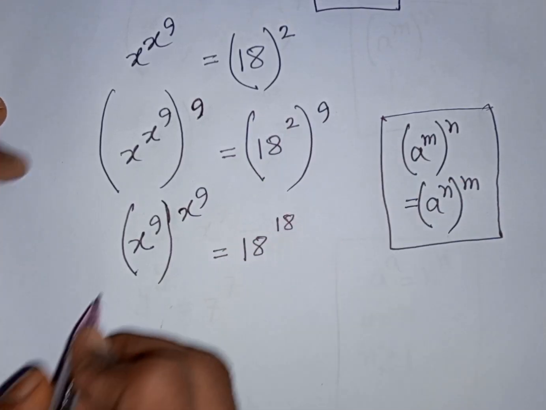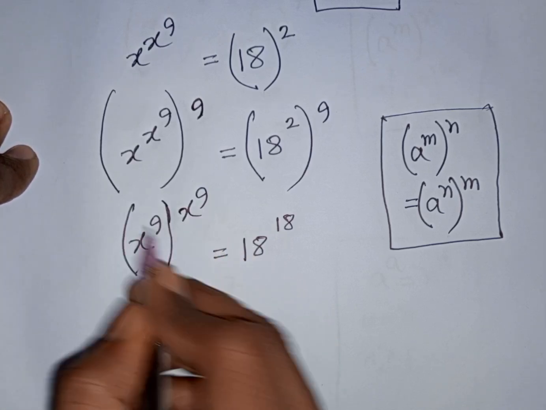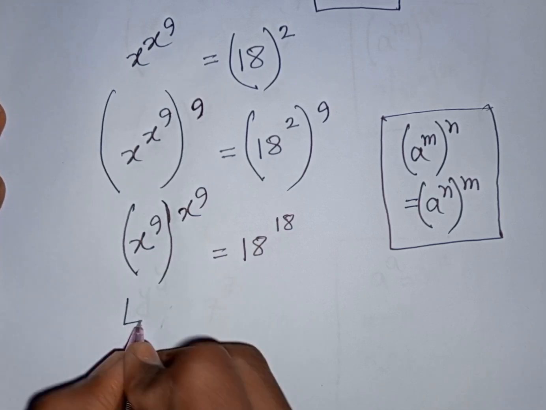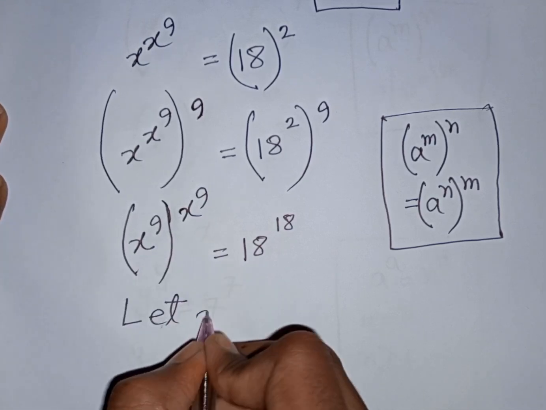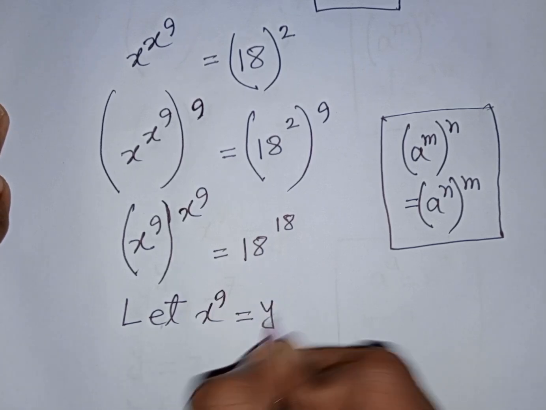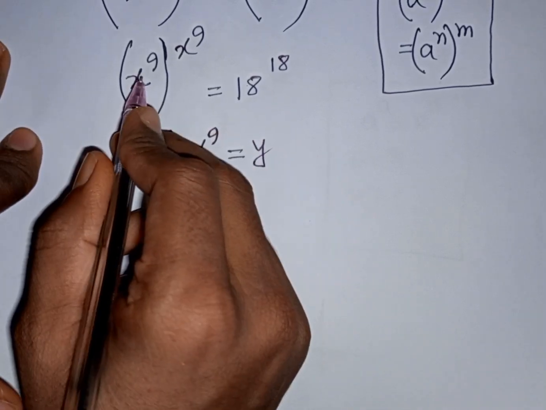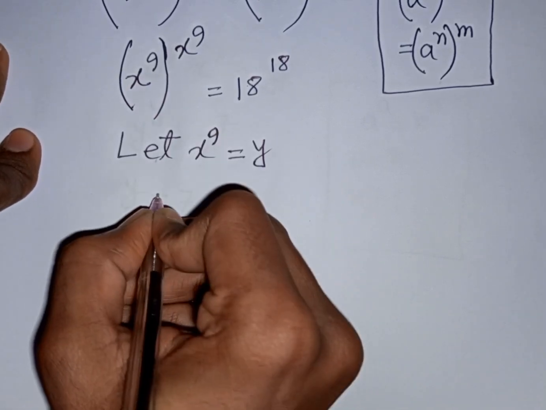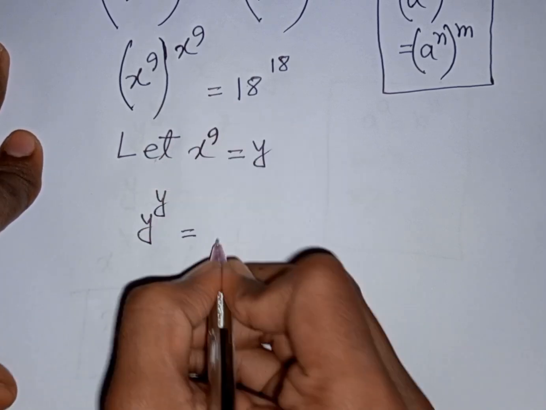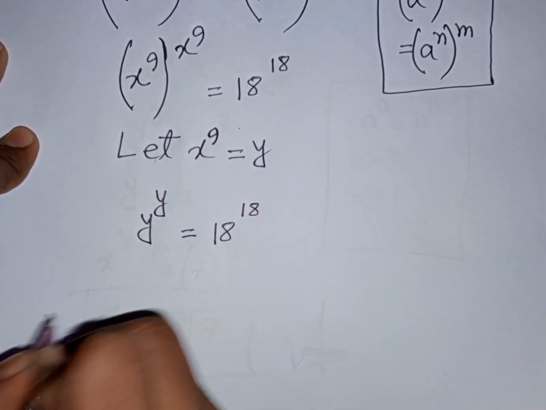Now we see x to the power 9, base and power are the same, both terms are the same. So let x to the power 9 be substituted by y. So our equation will be y power y is equal to 18 power of 18.